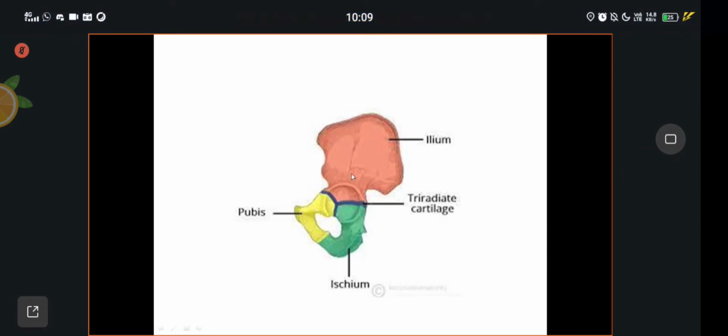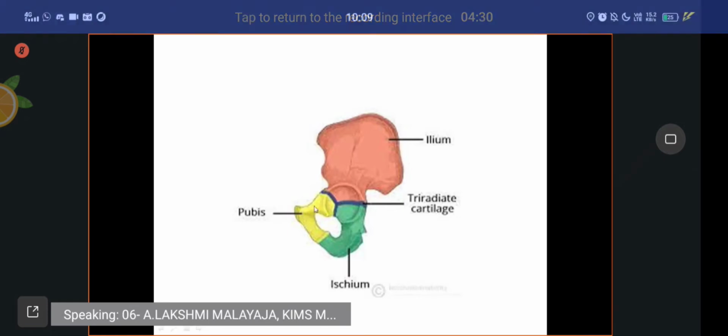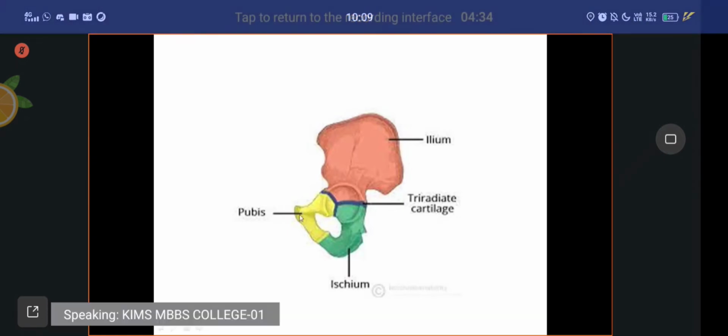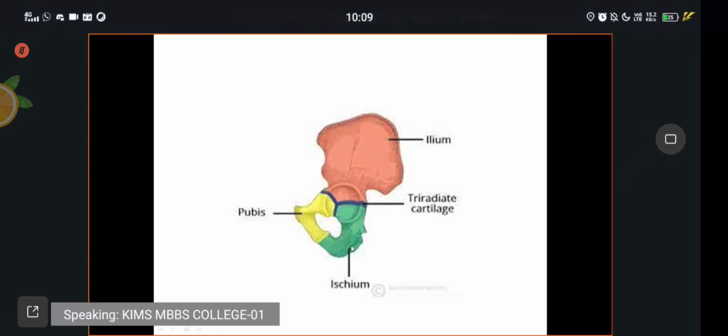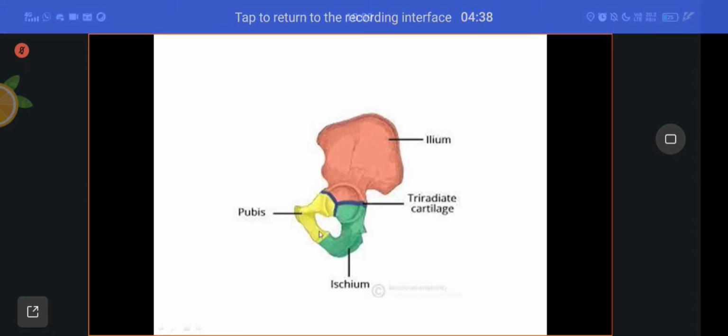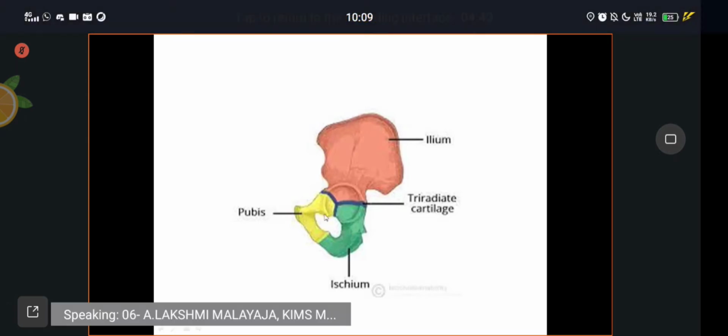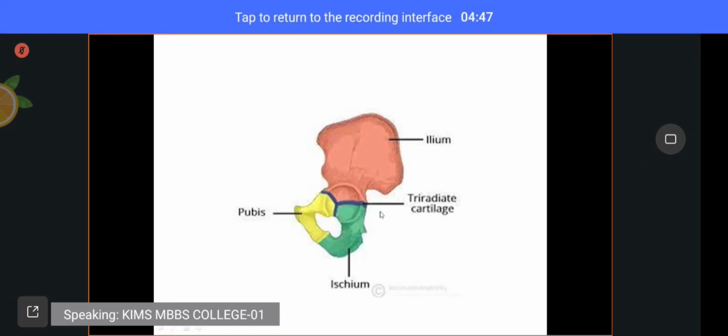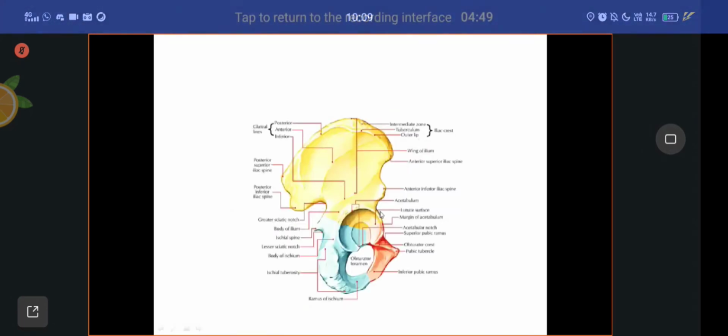The ilium, the anterior-inferior pubis, and the posterior-inferior ischium. And you can see a foramen here. This foramen is called the obturator foramen.